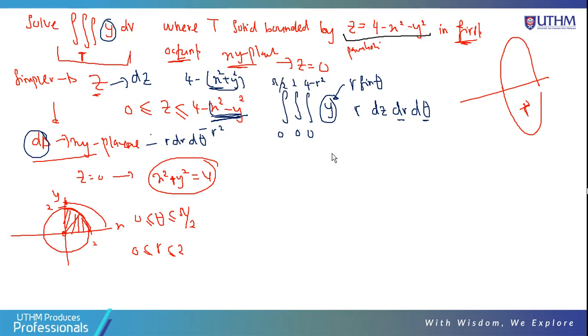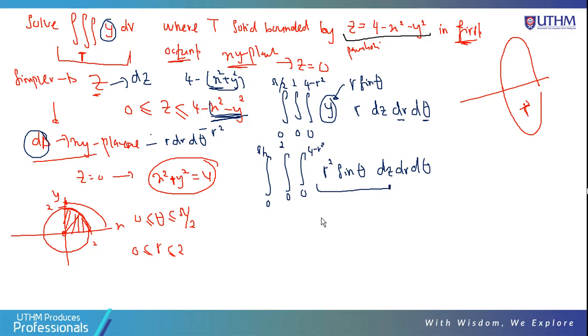So you get r square sin theta dz dr d theta. First you integrate with respect to z. There is no z in the integrand, so it remains r square sin theta, plug in the limits 0 to 4 minus r square, dr d theta.